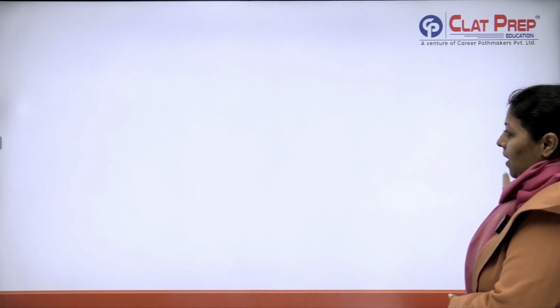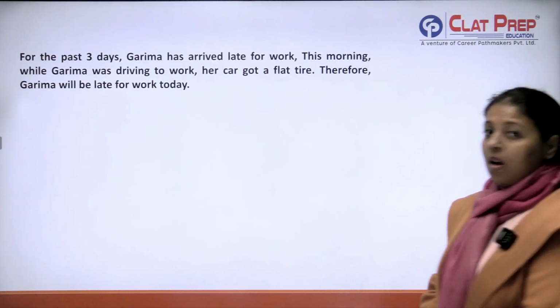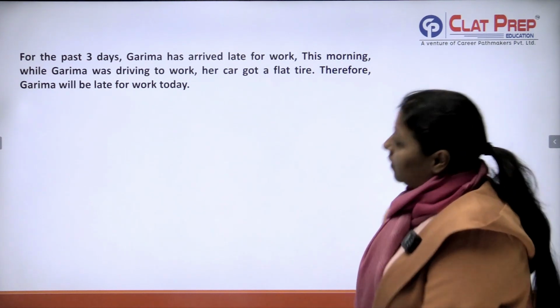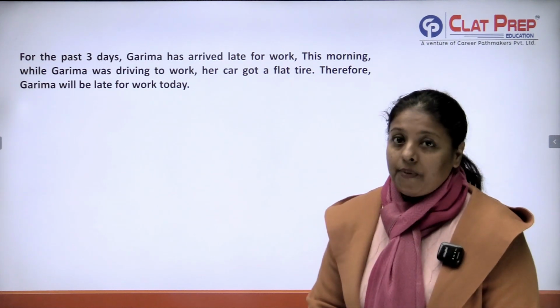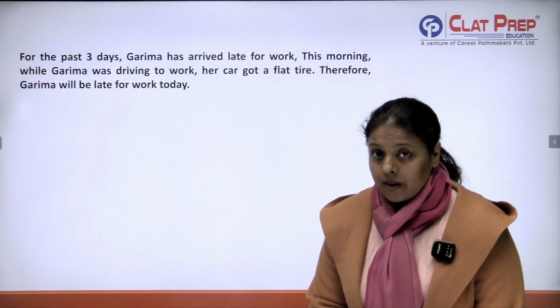Let us see another example, a very nice example. For the past 3 days, Garima has arrived late for work. This morning, while Garima was driving to work, her car got a flat tire. Therefore, Garima will be late for work today.